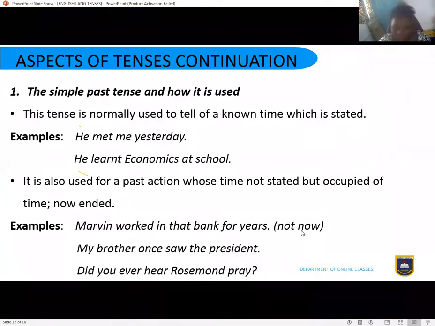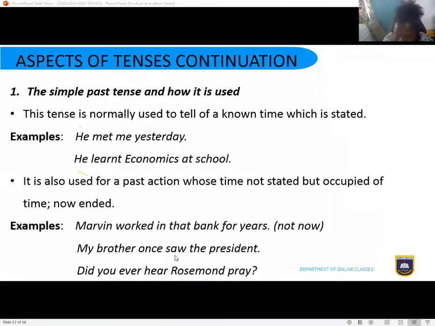All right, so let's look at the second example. My brother once saw the president. So it means that my brother didn't see the president now. The action has not taken place now, but it took place already.